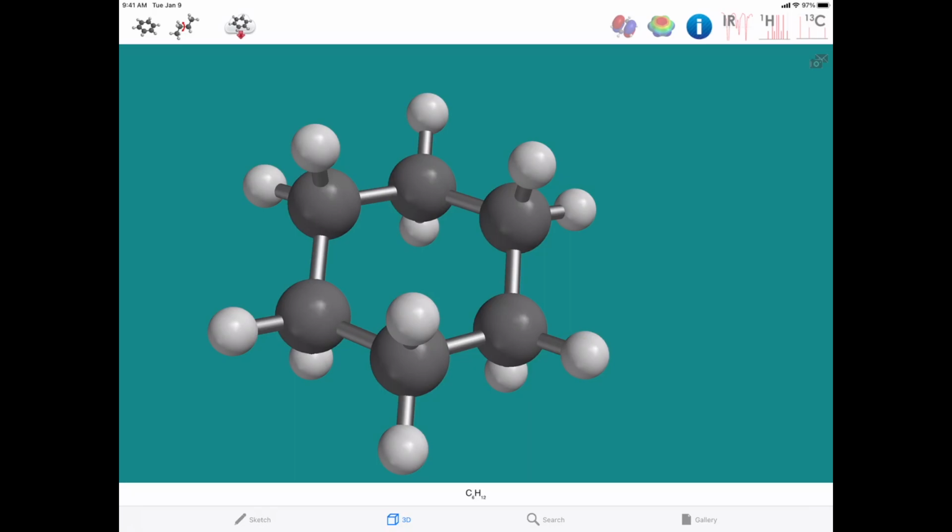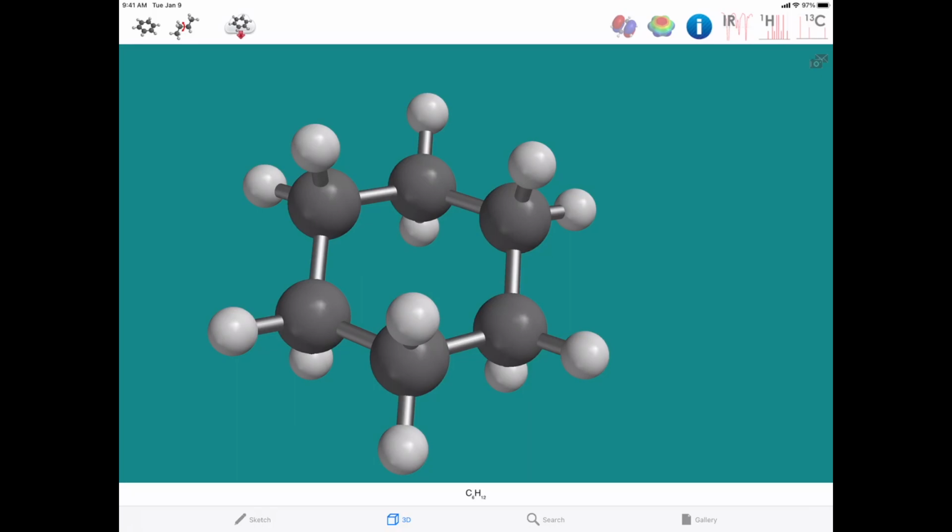So the six-membered ring is a nice environment. Six-membered rings are pretty easy to make in OChem, and it's the most well understood ring system, where we understand the most about the conformations of this six-membered ring.